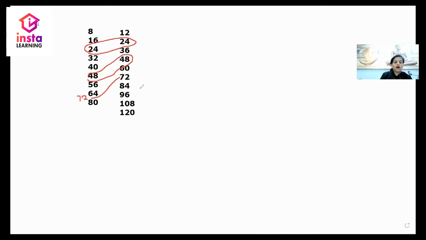So the common multiple that we are getting is 24 also. Then 24 will be the LCM. Why?